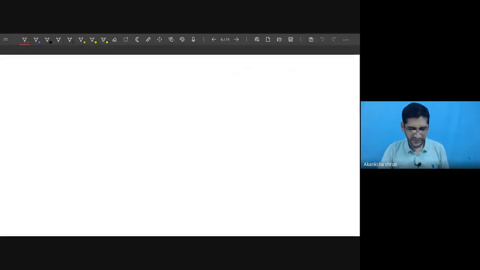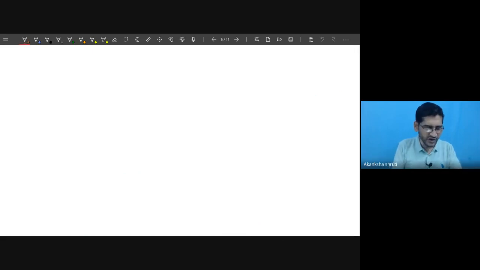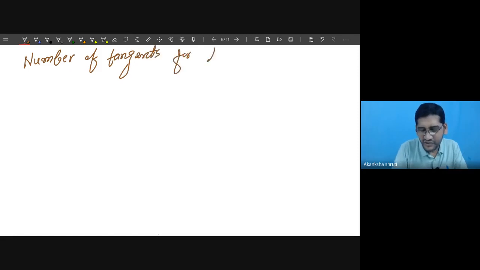So students, another very small concept or topic, not in the form of a question, is the number of tangents for two circles.